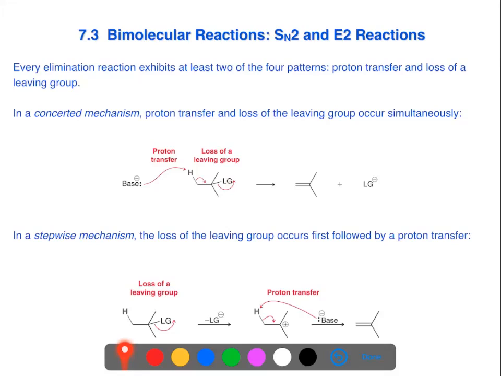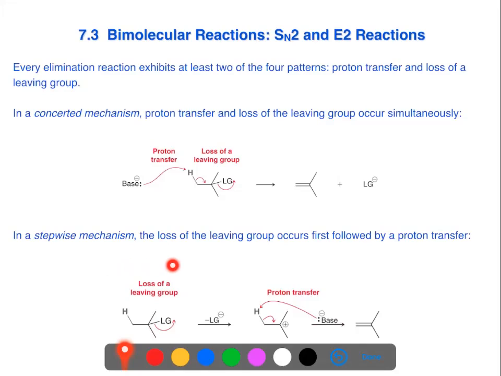Now we also have a stepwise mechanism for elimination, and that's shown below, where we have first the loss of the leaving group. So this carbon leaving group bond will break. That leaves us with a carbocation intermediate, and then that carbocation intermediate will undergo reaction with the base.